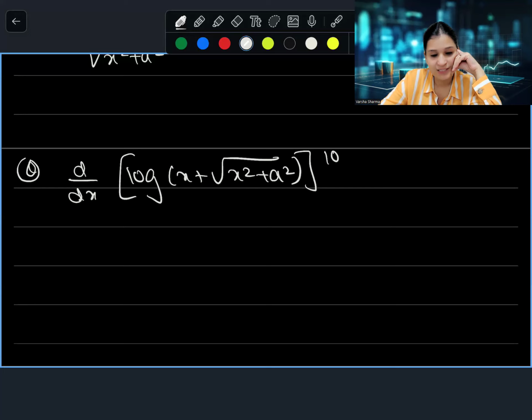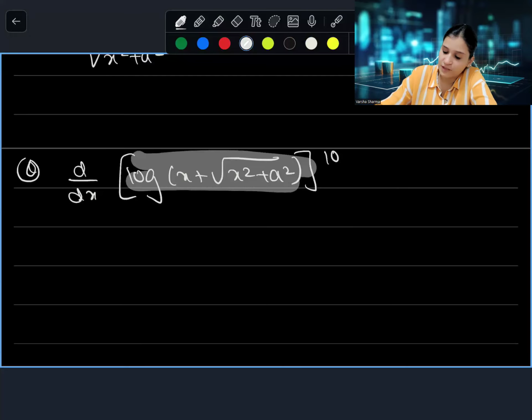Ma'am, is it 10 into log x plus root of x square plus a square to the power 9 by root of x square plus a square? Yes. We'll first treat this as x power 10.